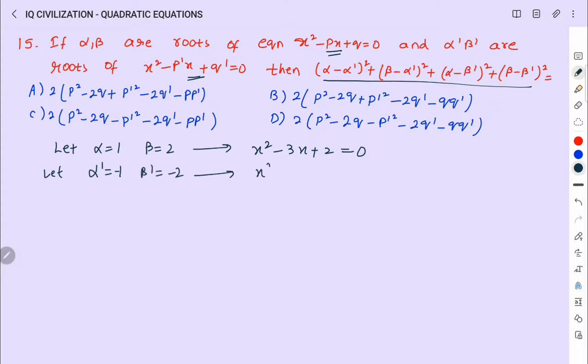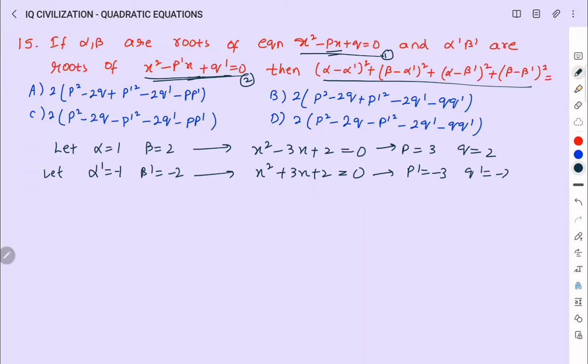So what our equation becomes? X square plus 3x plus 2 equals to 0. So from this we get p value as 3 and q value as 2. Again, I am comparing that one with equation 1 and this one with equation 2. So p dash equals to minus 3, q dash equals to minus 2.